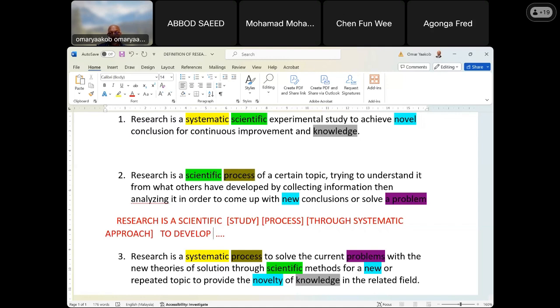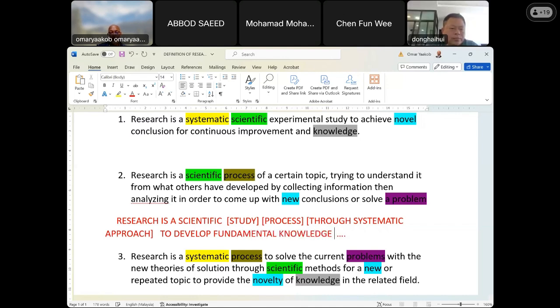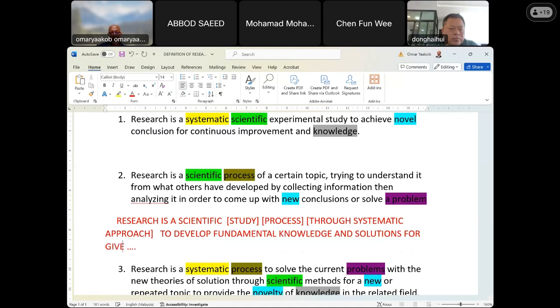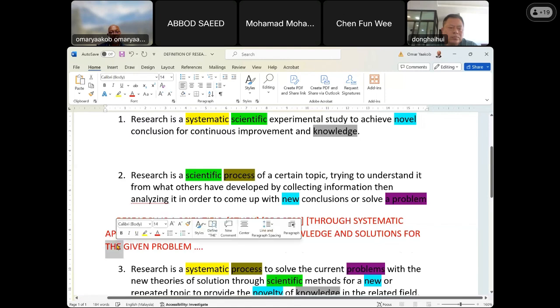To develop fundamental knowledge and solutions for a given problem. For a given problem. Okay, a given problem.